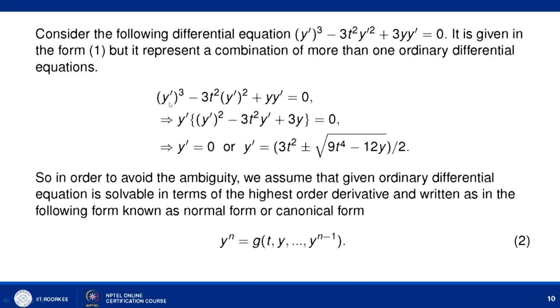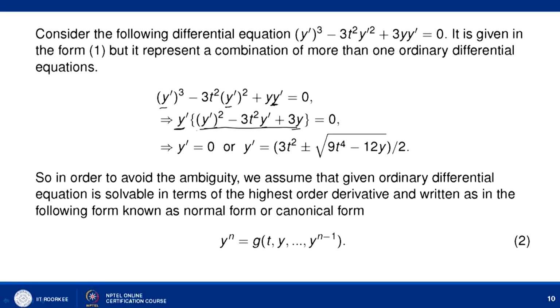So, here we can solve it: y'^3 - 3t^2 y'^2 + 3y y' = 0. If you look, in all the terms y' is there. So what we can do is take y' out, and then the first term is y'^2 - 3t^2 y' + 3y. Now here y', and in the bracket we have a quadratic equation in terms of y'.